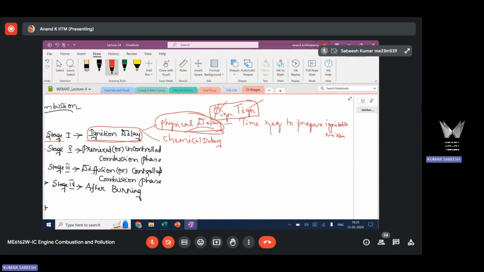And then you have chemical delay. You have ignitable mixture, but it takes some time to initiate the ignition. That time is referred to as chemical delay. What is happening during this time? The formation of radicals. This time is basically taken to break down the stable fuel molecule and form radicals. So this is the time required to form radicals to initiate the combustion event.